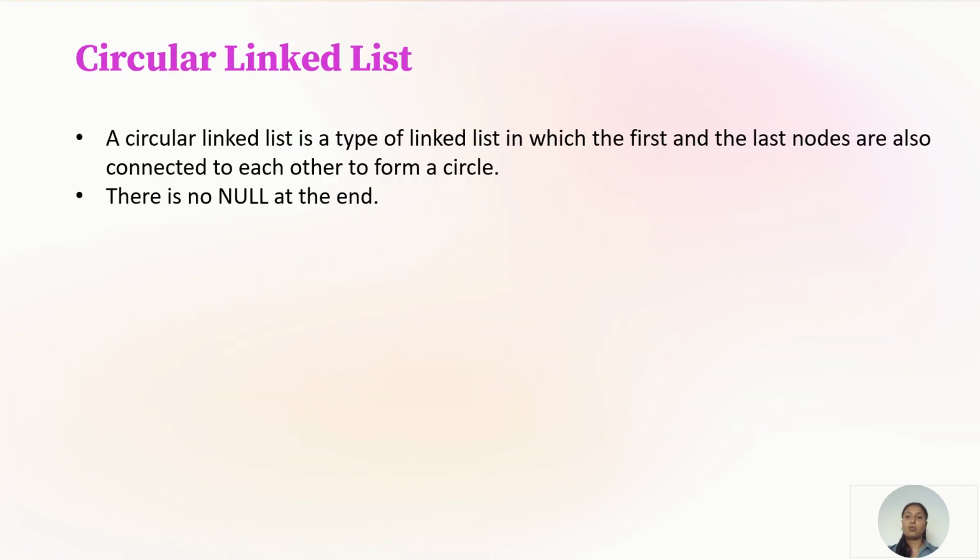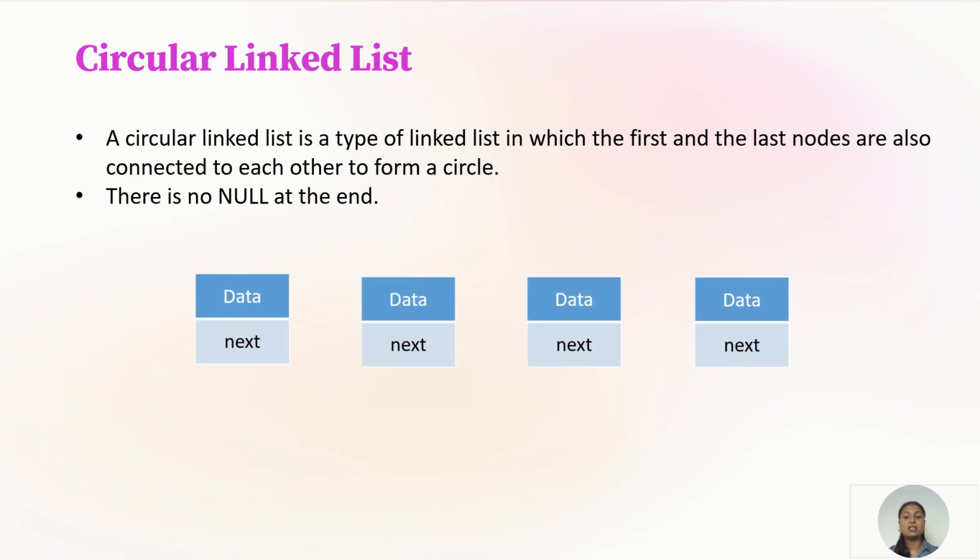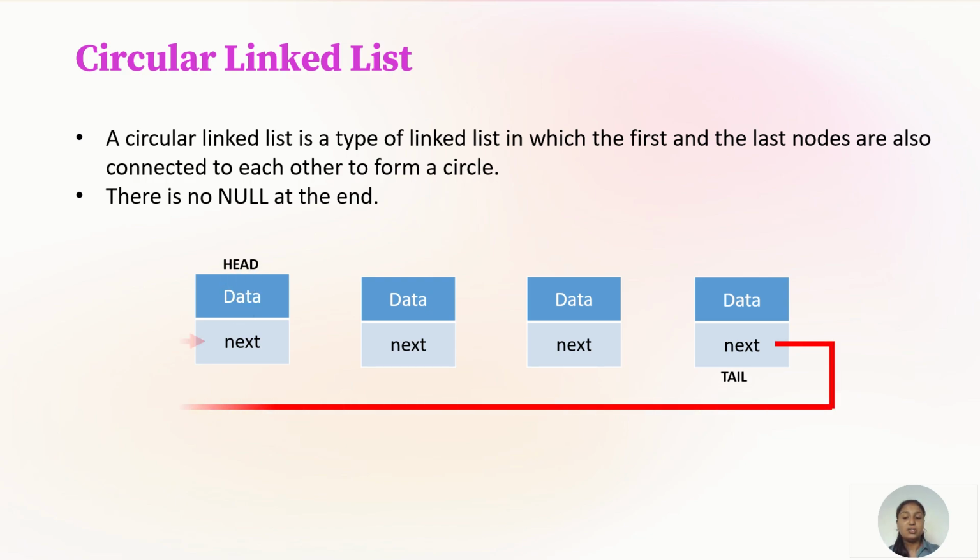Now I'm going to talk about what a circular linked list is. A circular linked list is a variation where the last node points back to the first node, forming a circle. In a circular linked list, there is no null at the end. Each node contains data and a reference to the next node, similar to a singly linked list.